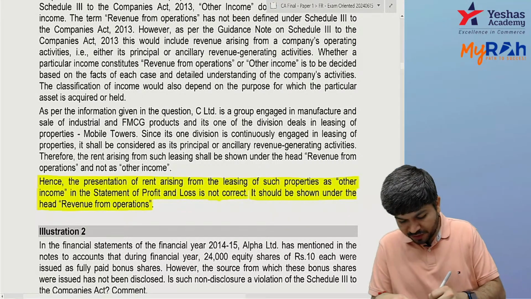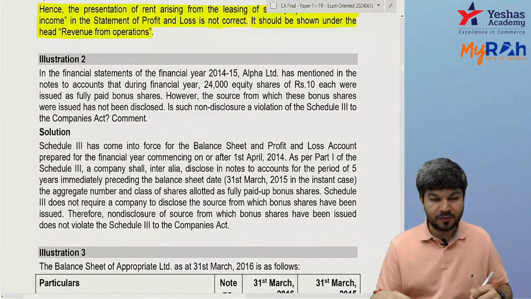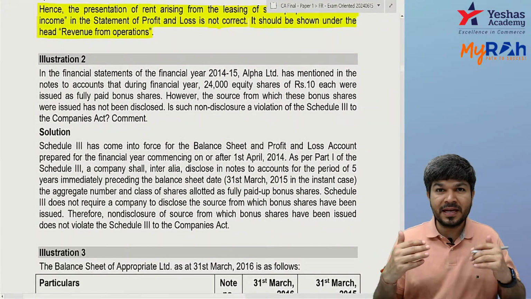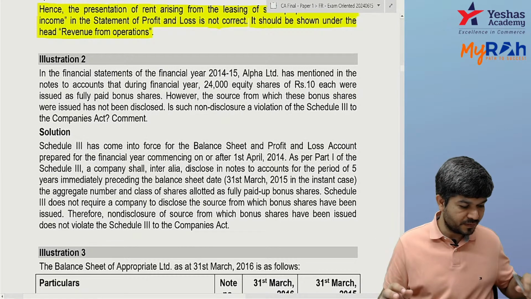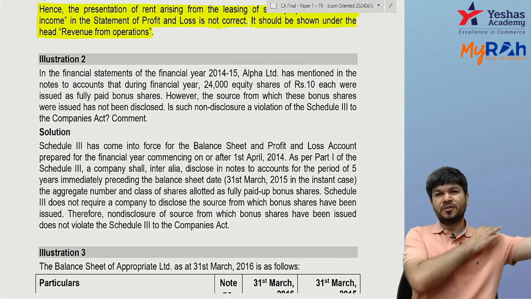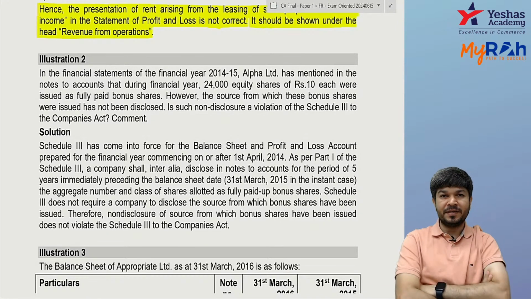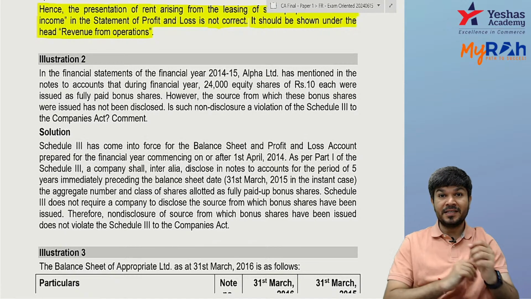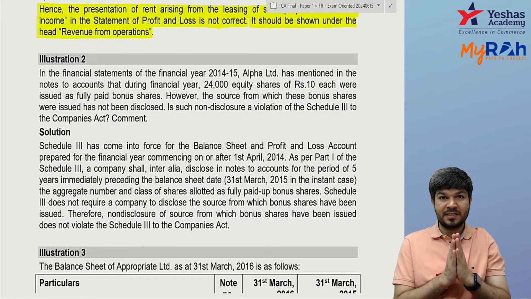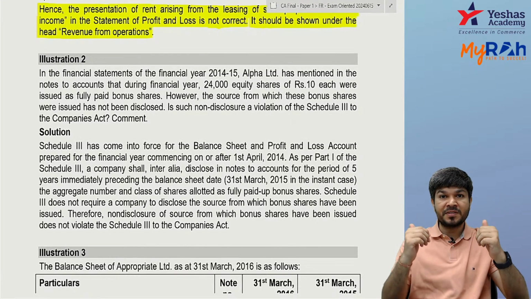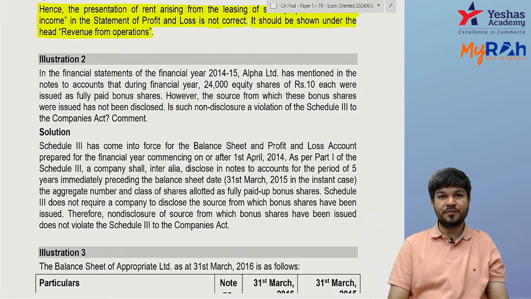Okay, now going to question number 2. Now see, whenever I come out with a bonus issue, if you recall, as per Schedule 3, for a period of 5 years, I need to write down out of about this many shares issued by way of bonus. Yes, no?